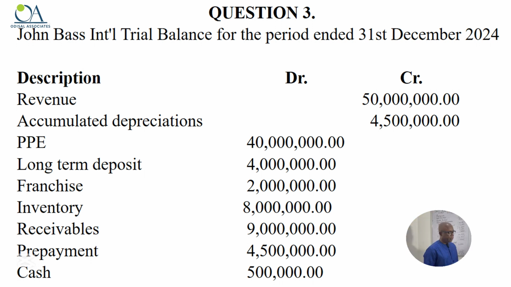The trial balance is given, debit and credit as usual, and the descriptions are the accounts also. Revenue, credit 50 million, accumulated depreciation 4.5 million, PPE 40 million, long-term deposit 4 million, franchise 2 million, inventory 8 million, receivables 9 million, prepayment 4.5 million, cash 500,000.